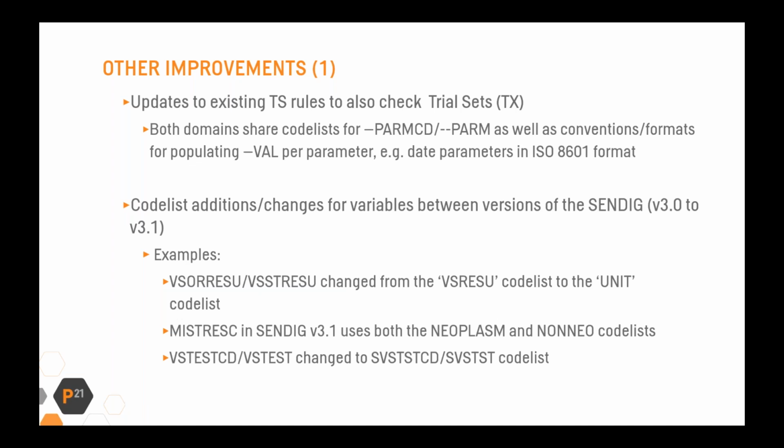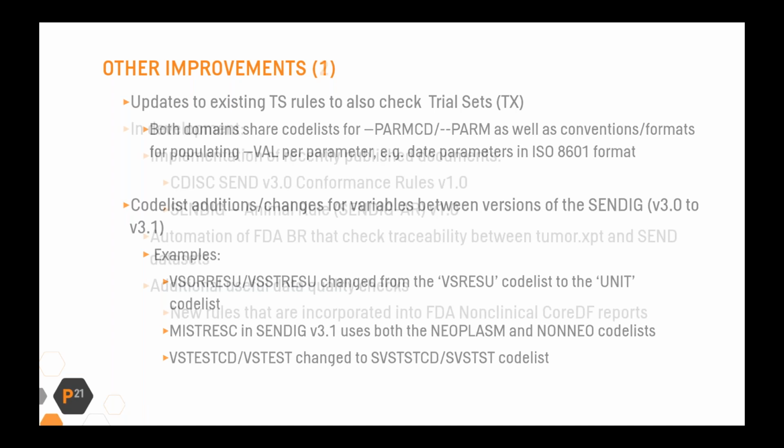Another example is MISTRESC in SEND 3.1 uses both the neoplasm and non-neoplasm code lists, whereas in SEND 3.0 it only uses neoplasm. So we've updated that for SEND 3.1. And then also for VSTESTCD and VSTEST, the code lists changed to SEND vital signs test code and test code lists. So we've also updated that.